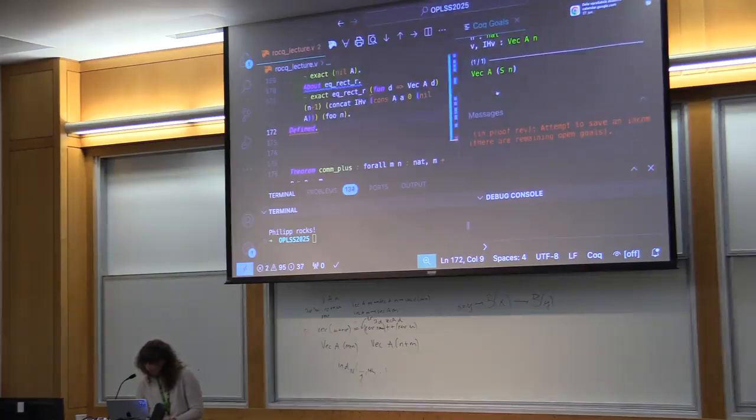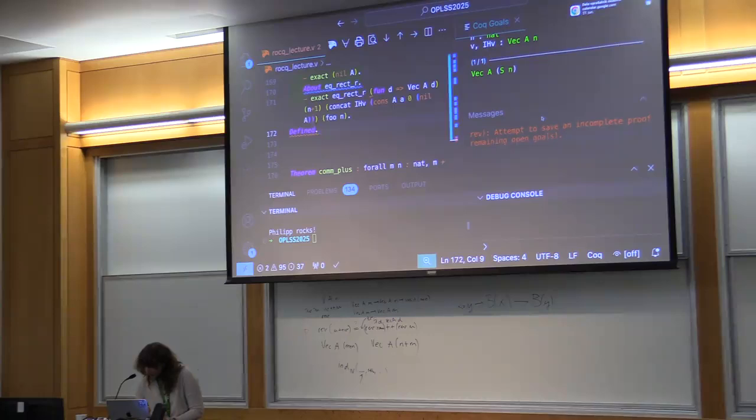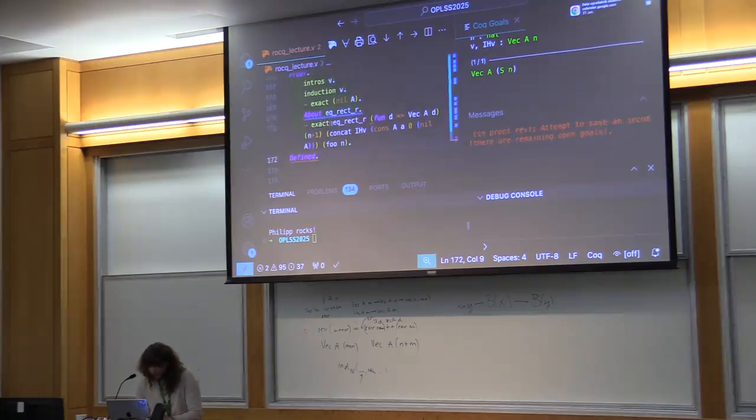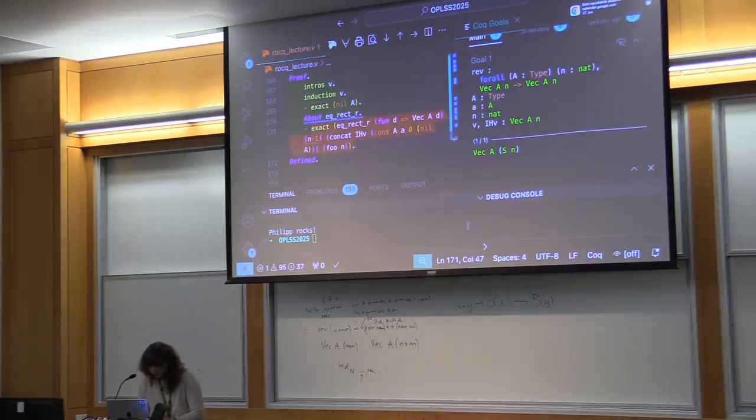No? Need more parentheses. Parentheses around the eq_rect_r and... Yes. And I think the n plus 1 is also too much. Yeah, that can go. No?